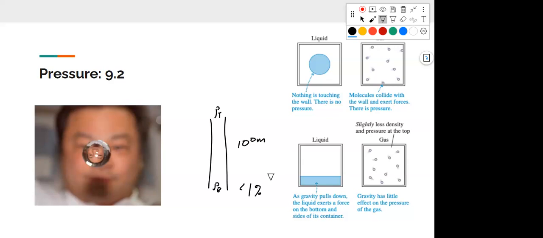So less than 1% difference for 100 meters. It's a very small effect. For any normal laboratory apparatus, you can assume that the air will be of constant density. Like this room, the air at the top is going to be the same density as the air at the ground. Very good assumption.